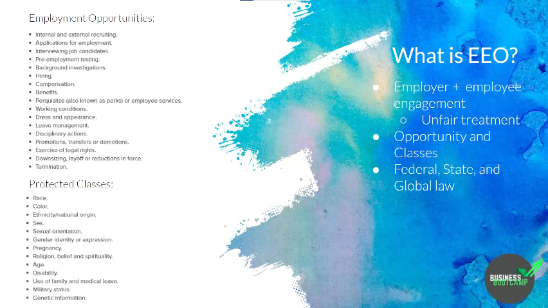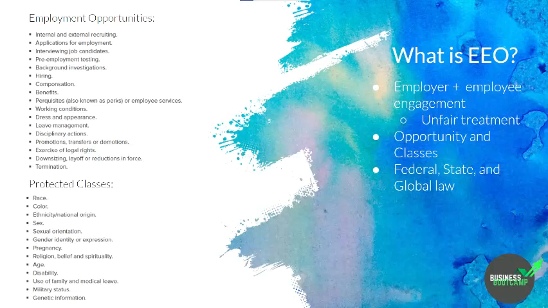This covers all aspects of their employment, whether it be hiring, promotions, working conditions, or termination, throughout their entire length of employment. This is why HR managers must be fully aware of the extent of EEO in order to minimize the amount of complaints and deal with them accordingly when they do occur.